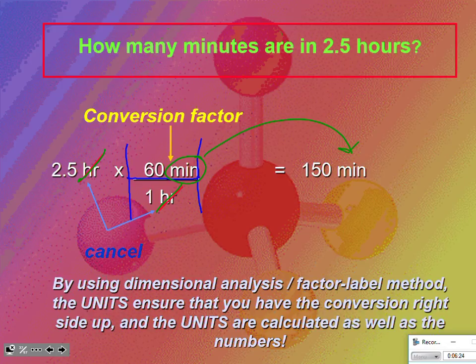So in this case, I would take 2.5, multiply it by 60, and then divide it by 1. Well, do I need to divide it by 1? We know that answer, don't we? So in this case, and you might as well get out your calculators, we're probably going to use them here. I just take 2.5, multiply it by 60, and that would give me 150. And my label would be the label I have left over, the minutes right there. Transfer over to there.